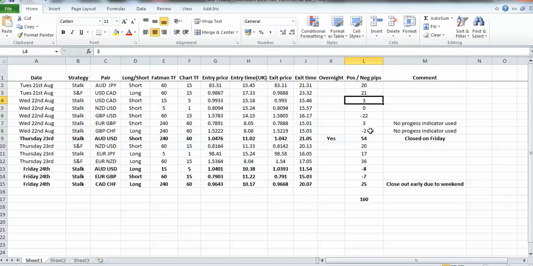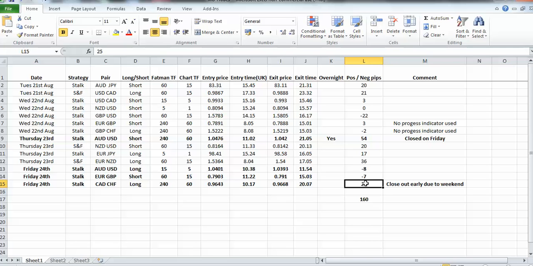Similarly, a minus 2 pips I wouldn't count. So that was 7 good winners, and we've got 3 losers so far. So averaging around about the sort of 6, 7 out of 10 mark.